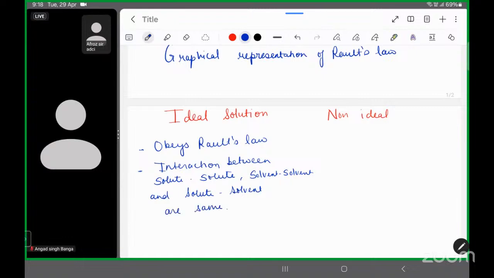They have the same interaction between all the particles. But in case of non-ideal solution, they do not obey Raoult's law.